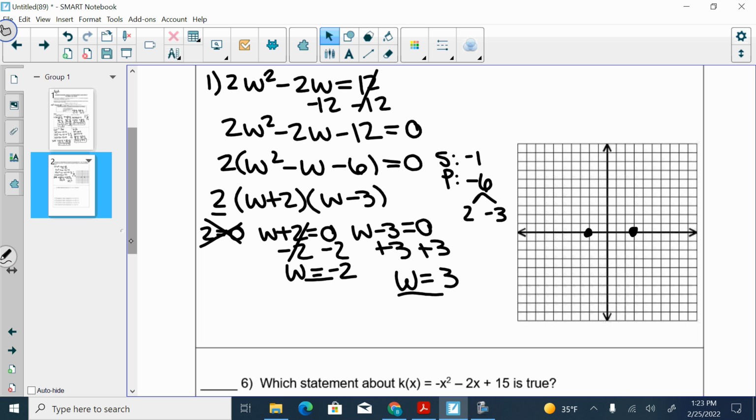Okay? And I'm just giving a rough sketch of the graph. I don't need to be perfect, but I do know that the bottom would be somewhere right in the middle of these, right? And it makes a U shape. So you're just going to draw a sketch of approximately what you think that would look like. So something like this, right?